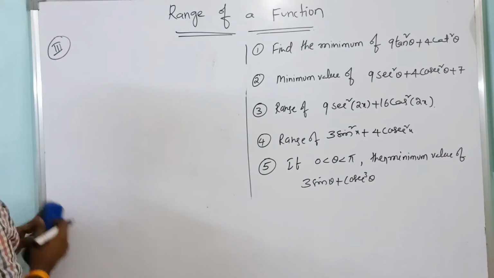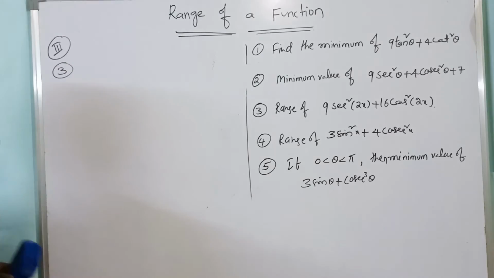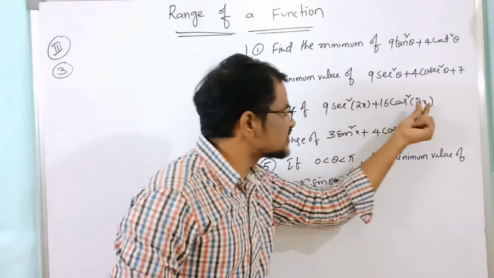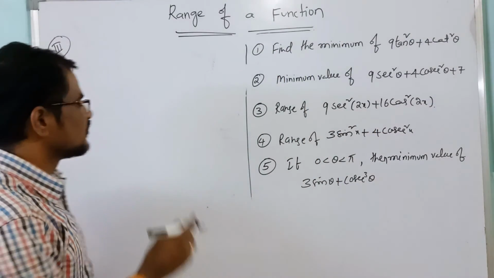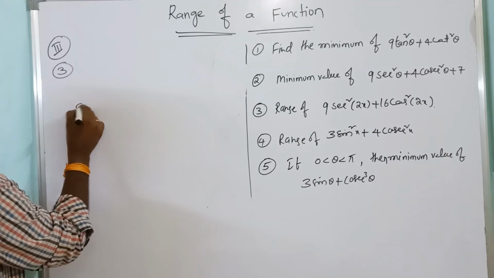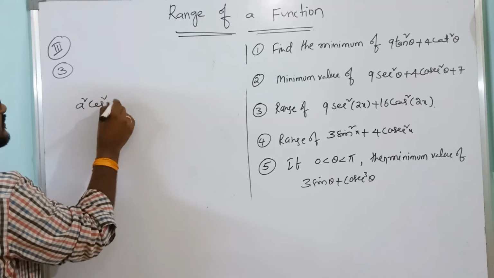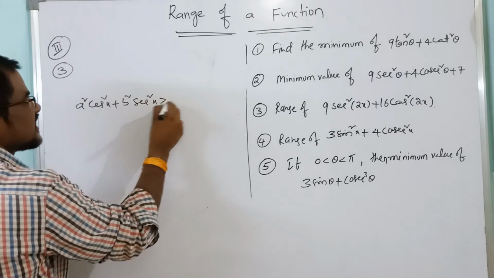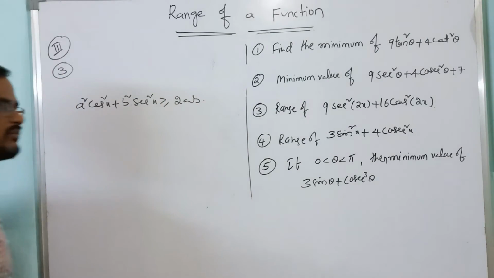Next, the third problem. What is there? Here also the angle is the same, so you can apply this. We know that a square cos square x plus b square secant square x is greater than or equal to 2ab.